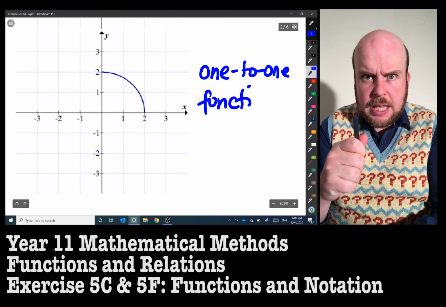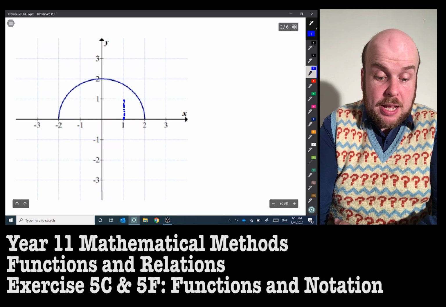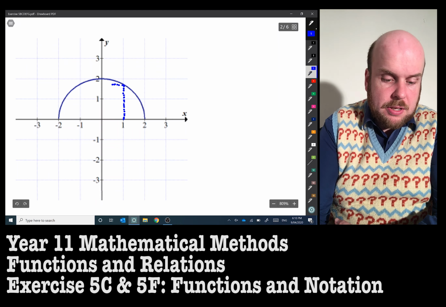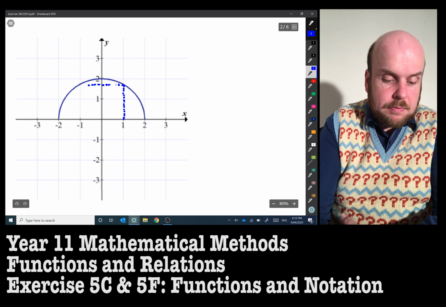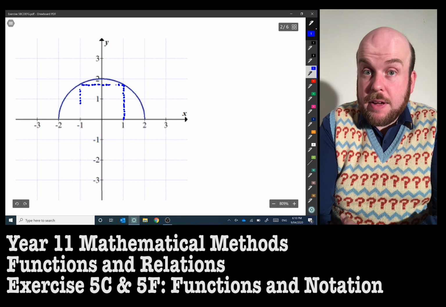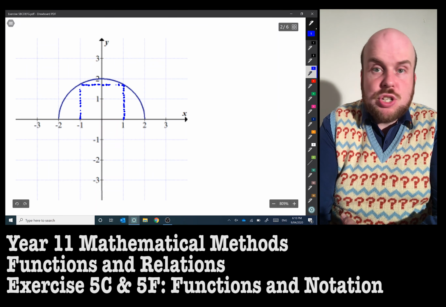Here's another graph. So let's have a look at this one here. It seems that for every x value, it's got one y value, which is lovely. However, if I go across, that y value is shared by multiple x values.